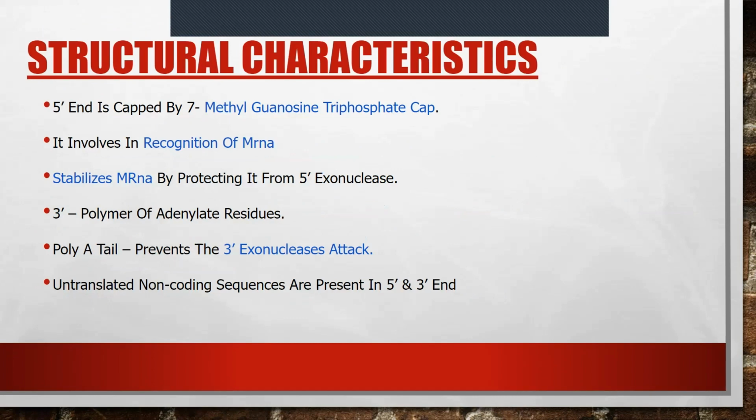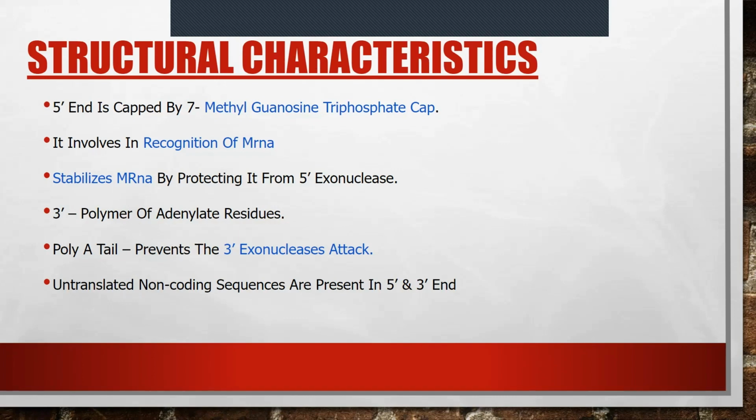Let us look in depth at the structural characteristics of mRNA. In the mRNA, you will find a 5' cap, which is capped by 7-methyl guanosine triphosphate. It is involved in the recognition of mRNA and stabilizes the mRNA by protecting it from 5' exonuclease.